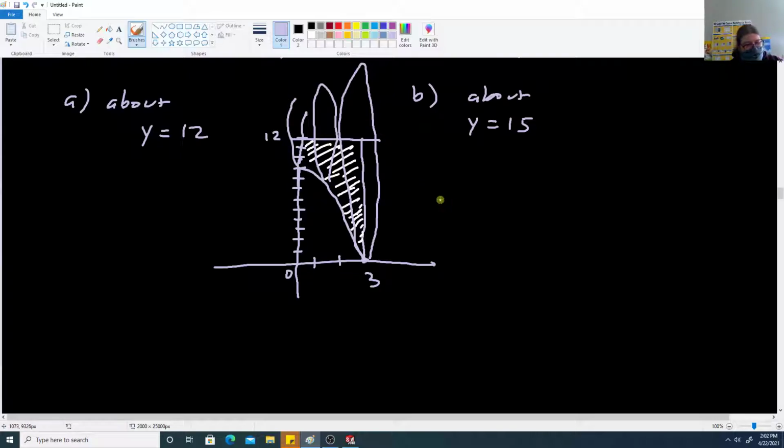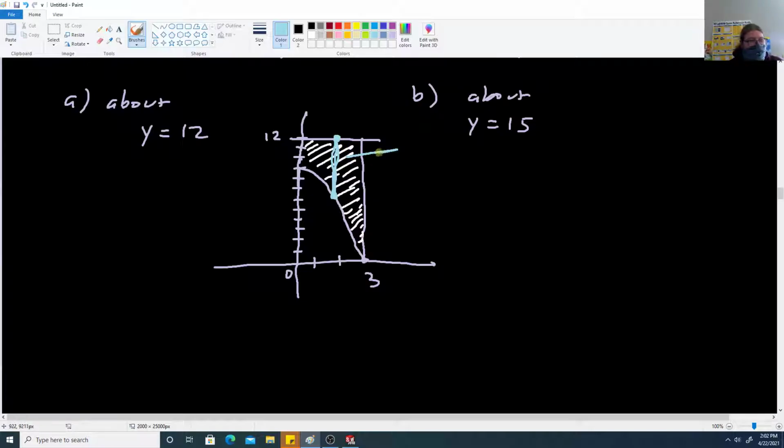So we're going to use this method. We just need to see what would become the radius, which will be a line from here up to here.